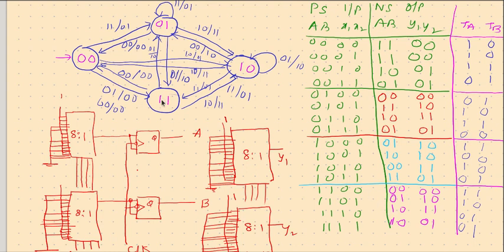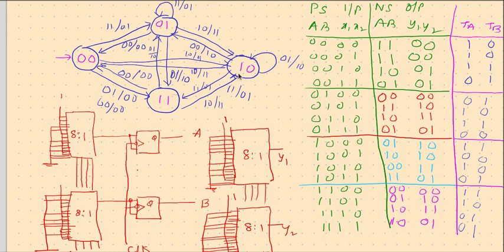So from 11, if input is 00, it goes to 00 producing output of 00. From 11, if input is 01, it goes to 01 producing output 10. From 11, if input is 10, it goes to 10 producing an output of 11.